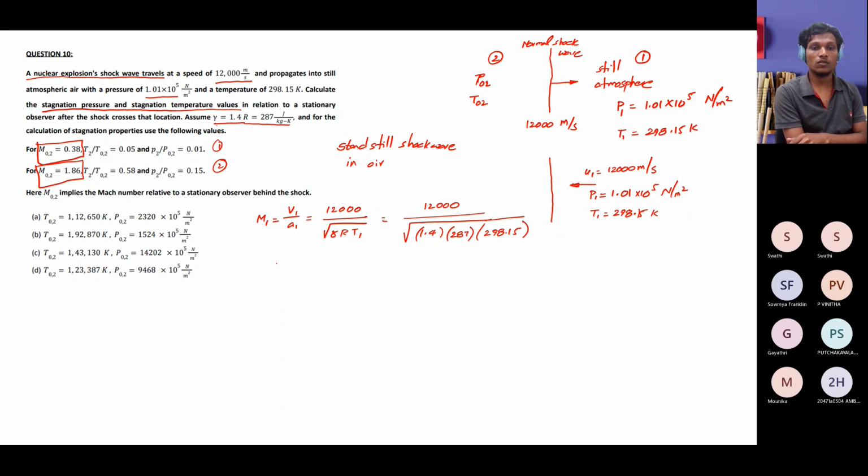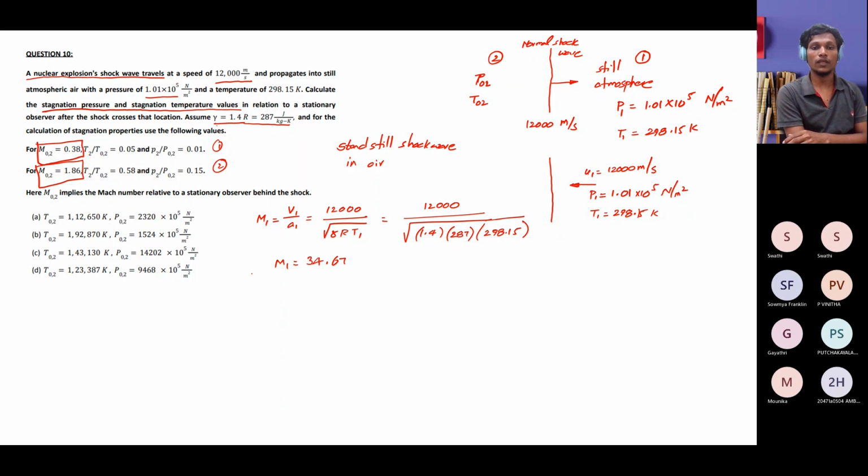If we solve this, we will get the upstream Mach number M1 equals 34.67. The Mach number is a non-dimensional parameter, so you won't get any units for this Mach number M1.